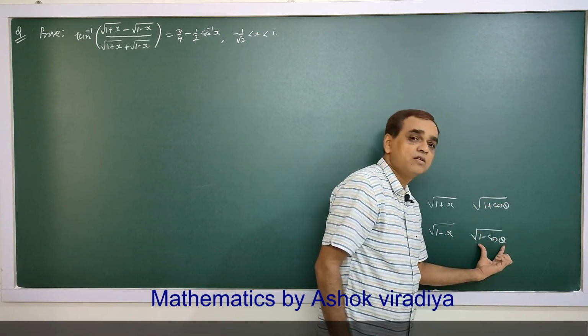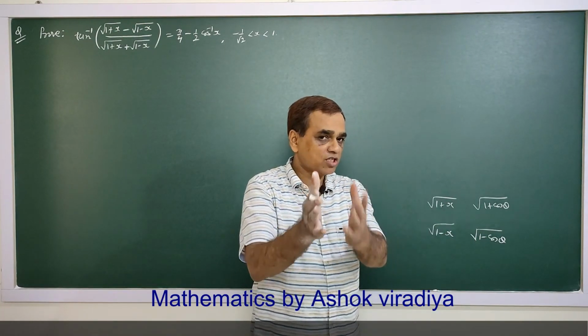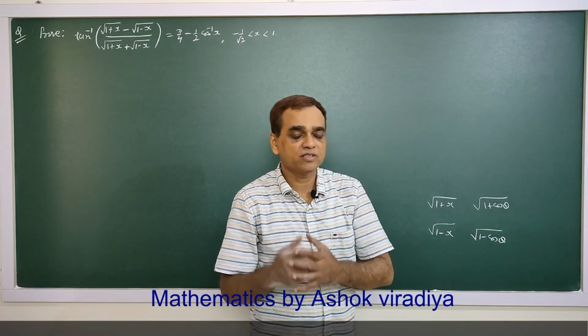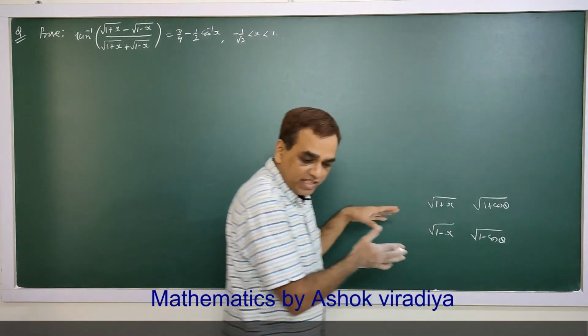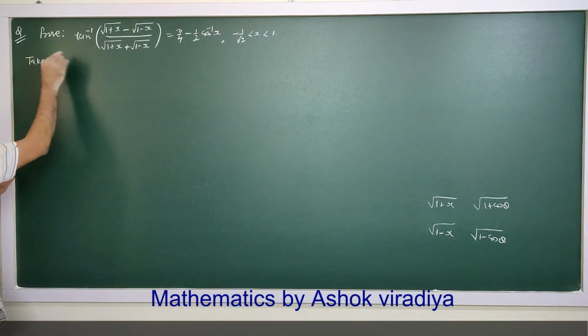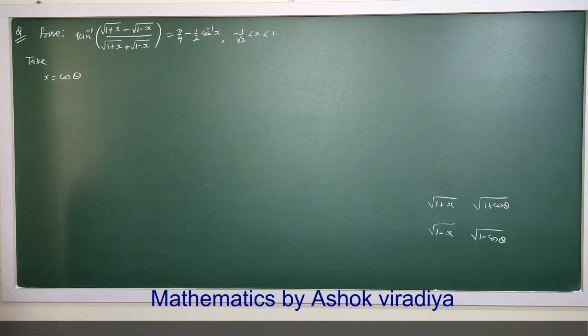This will be 2 sin square theta by 2 and square root of cos square, so then it can be removed using modulus. So it works. So in this question, we substitute x equal to cos theta.